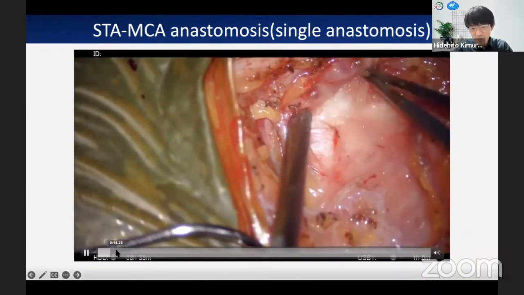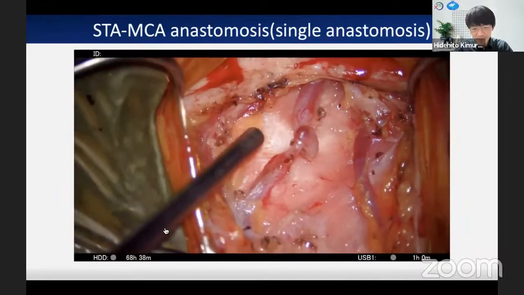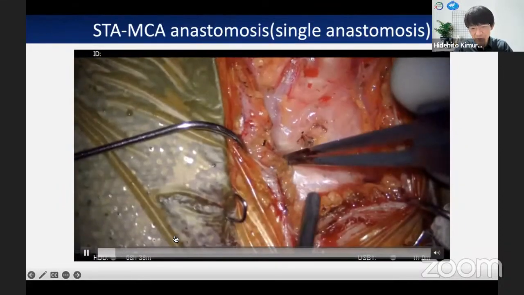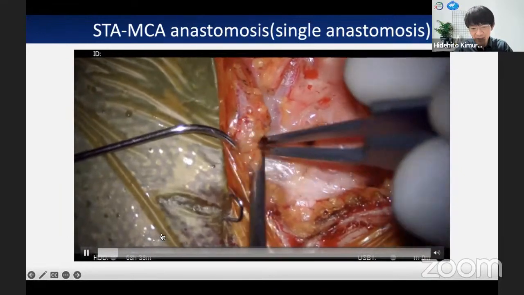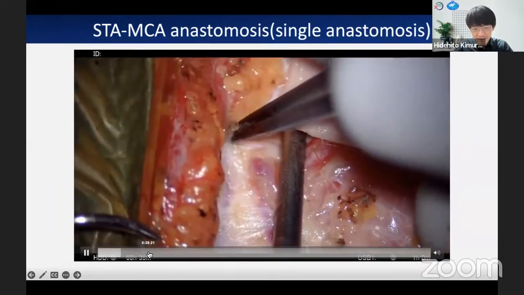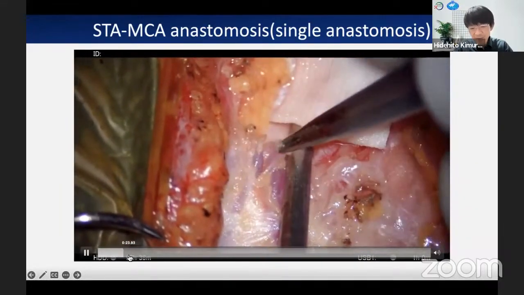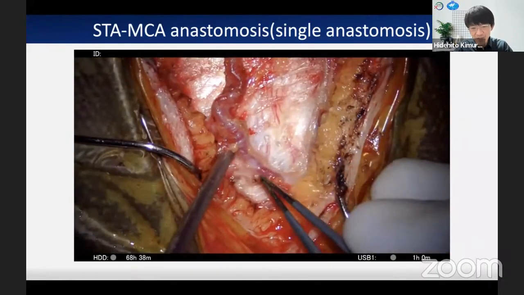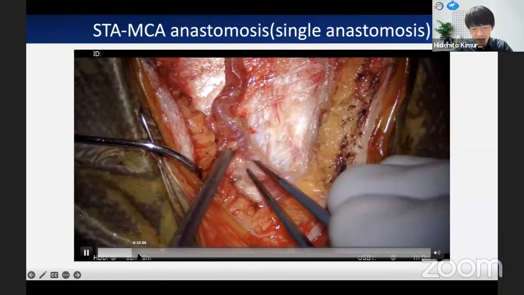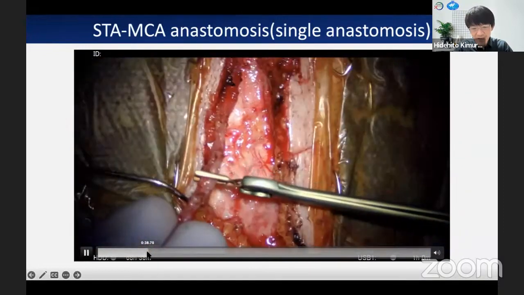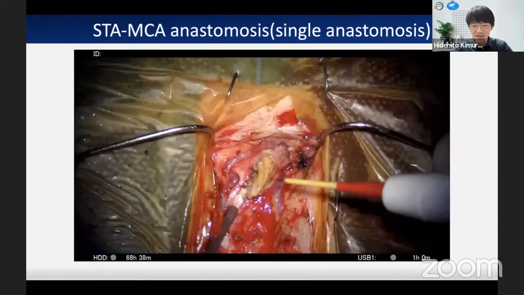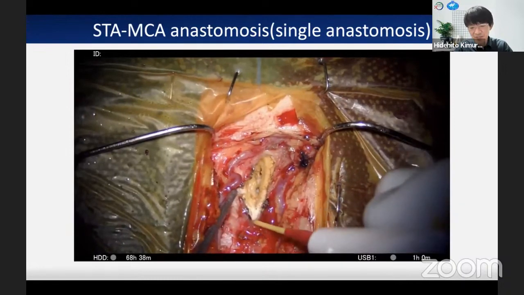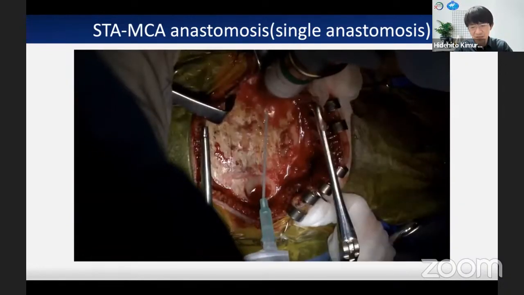Now I'm using the so-called bipolar cutting method. Professor Takizawa also performs this technique. With highly magnified inspection, you can see the branch of the STA coagulated appropriately and harvested successfully. Usually I harvest about 6 or 7 centimeters, which is sufficient for this surgery.